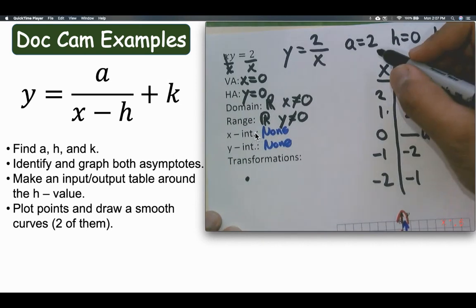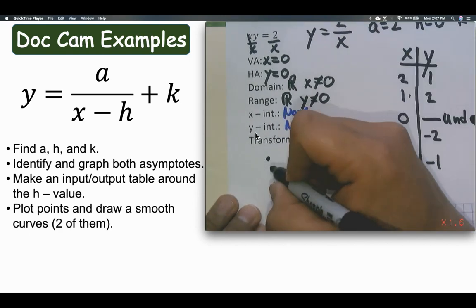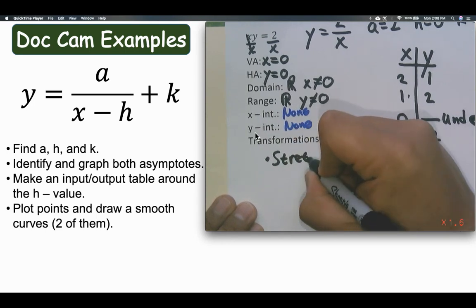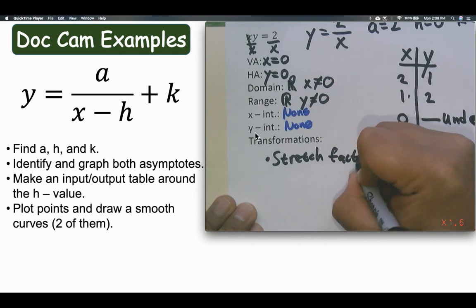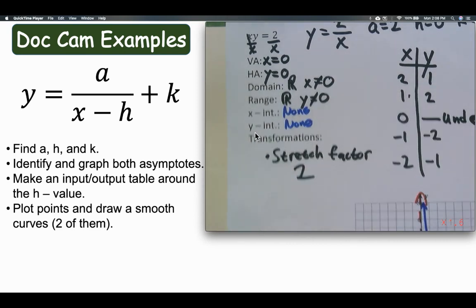Transformations, my a value was a 2, h and k were 0, so all that's happening here, it's a positive, so it's not reflected, it's just going to be stretched. So stretch factor 2. Okay, and that is it.